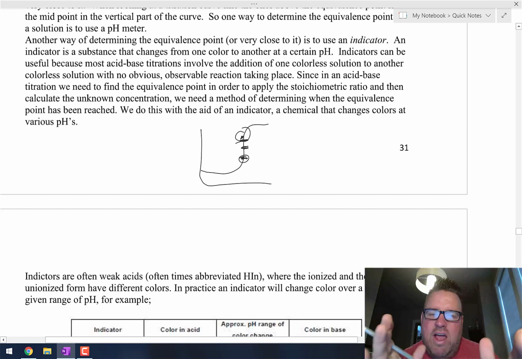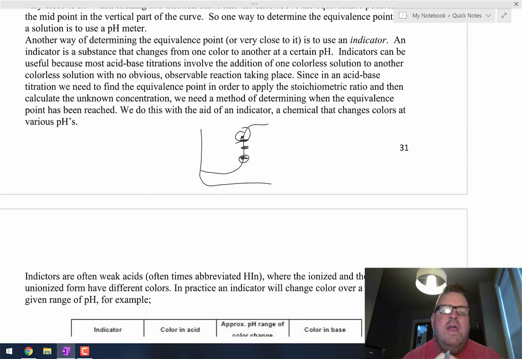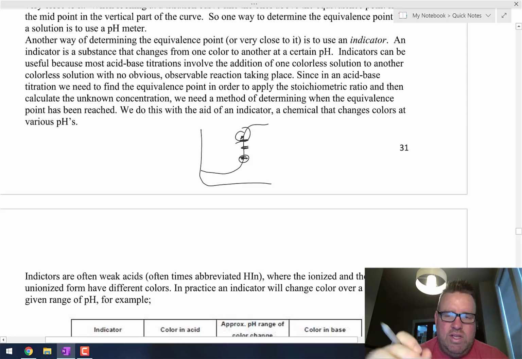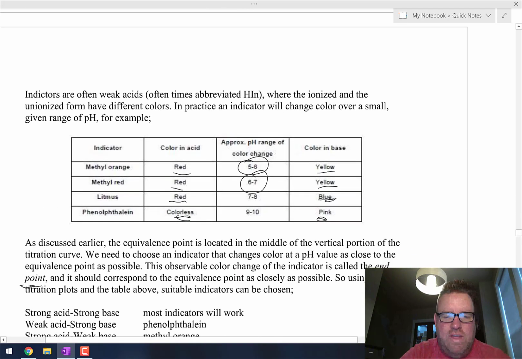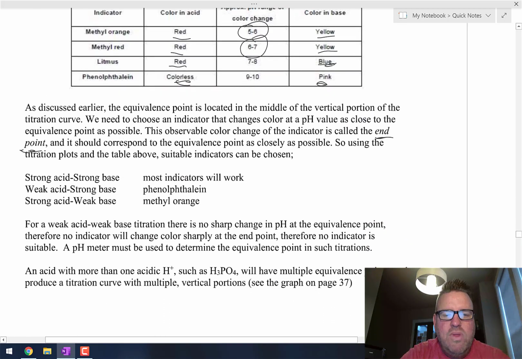So many times the endpoint and the equivalence point end up being the same thing, unless you're talking about the difference between the two. The equivalence point is when the moles of the base equal the moles of the acid, and there's no reactants left, you only have products, whereas the endpoint is when the color change of the indicator happens.